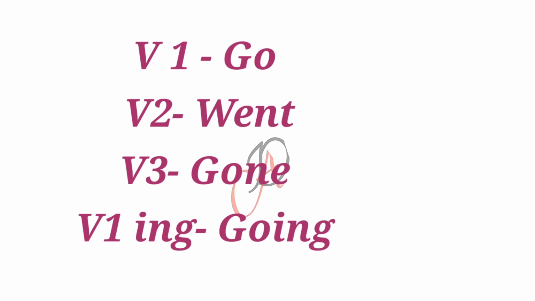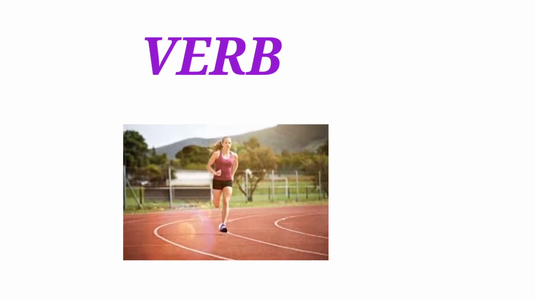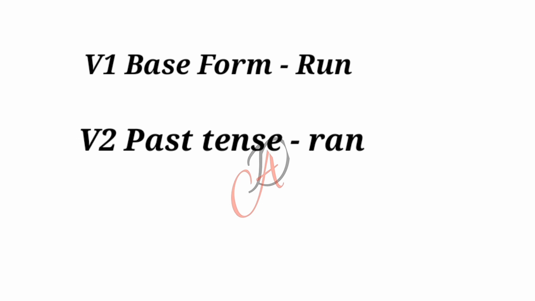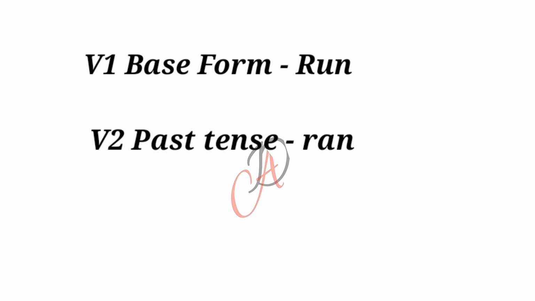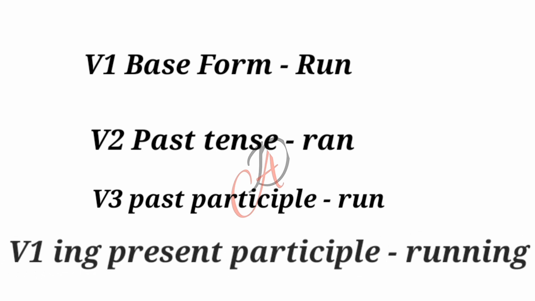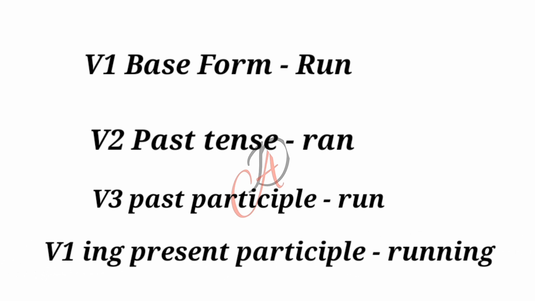Let's see another verb, the verb run. Run is the base form of the verb and it acts as V1, and the past tense of run, that is V2, is ran. And the V3 form, that is the past participle form of run, is run. And the last one, the present participle, which is V1 ing, sometimes also referred to as V5, is running.